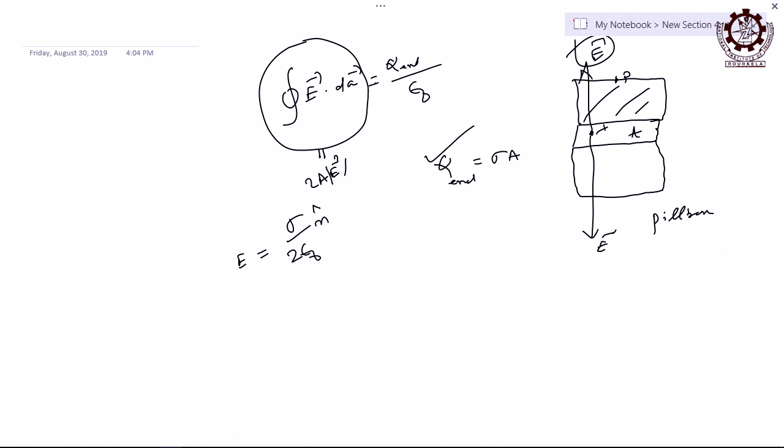In that way, Gauss law helps to calculate the electric field intensity at a point by considering symmetric Gaussian surfaces. You can try in your book, there are many problems with cylindrical, spherical, planar symmetry, on how to calculate the intensity at a point due to that kind of charge distribution by applying Gauss law.